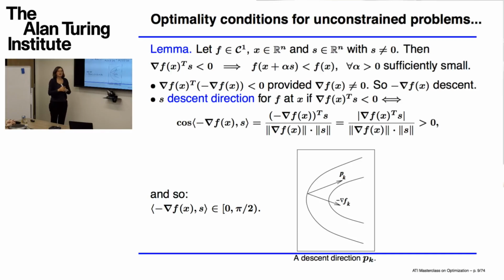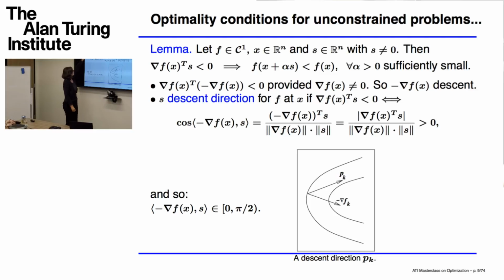Let me try to give you a little bit of connection here between these optimality conditions and what does it mean to be able to make progress from a point or not. So let's say that I have a function and some point x and s, where s is a direction. I think of s as a direction that's non-zero.